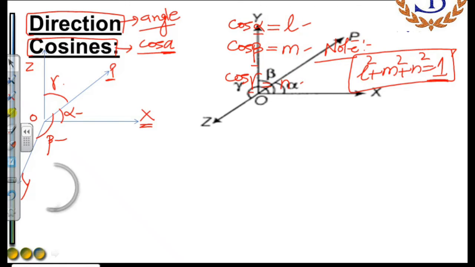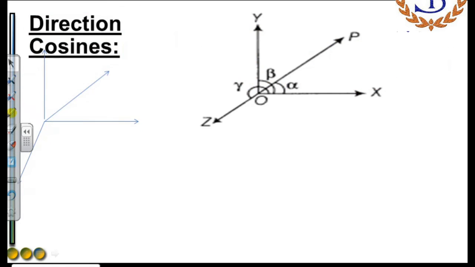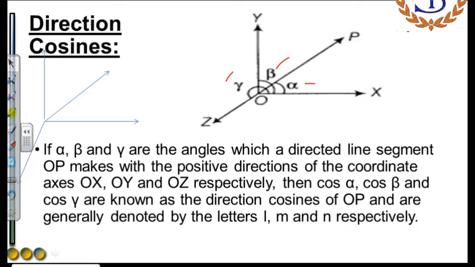See here, alpha, beta with the y-axis, gamma with the z-axis, and the cosines of these angles are known as direction cosines. Let's read it once.